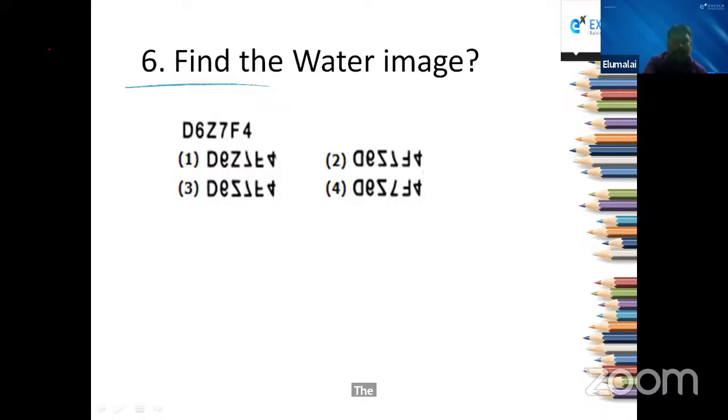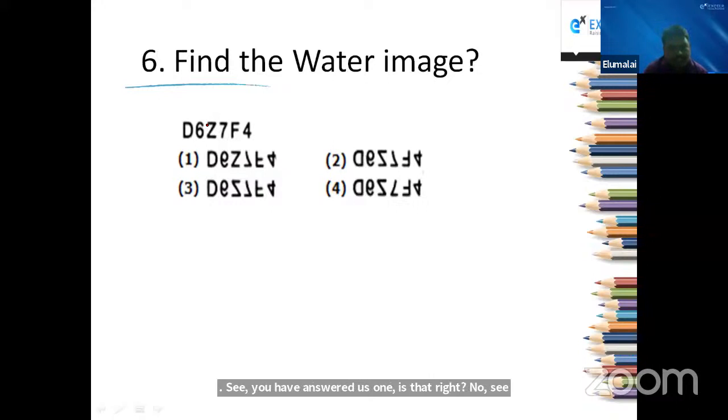Right. See, you have answered as one. Is that right? No. See here, Z is like this. In mirror image, it will not be same as the original one. Am I correct or not? By that property, you could have eliminated one. I hope you can understand this. Right.